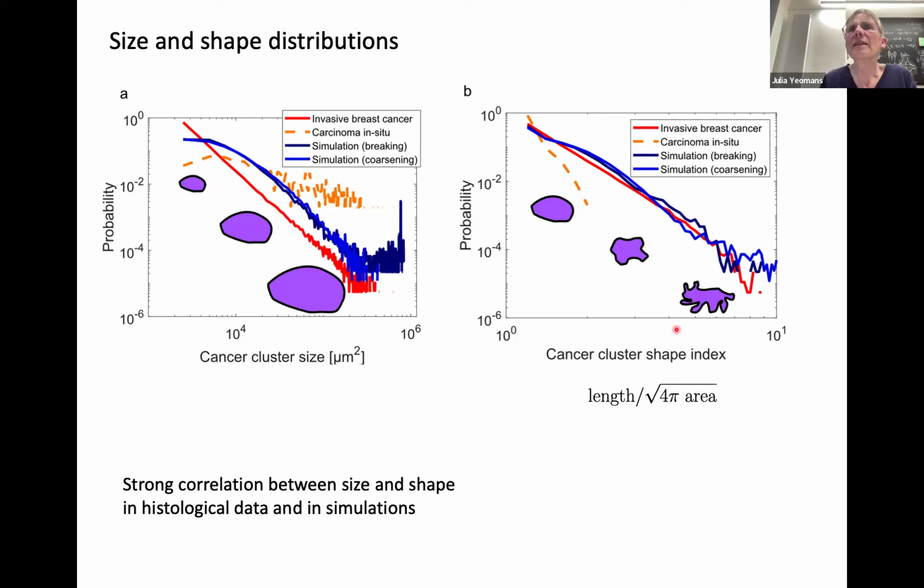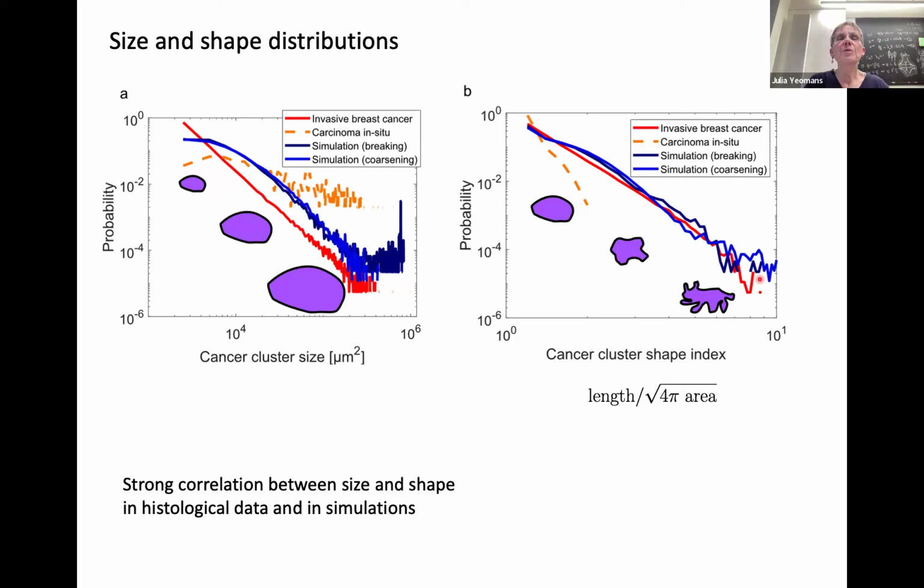This, I think, is more convincing, where we look at the shape index of the clusters. So the shape index is small here, it's not very tortuous, up to a shape index here where they're very tortuous. And here we can get essentially an exact map between the red histological data and the blue simulations.